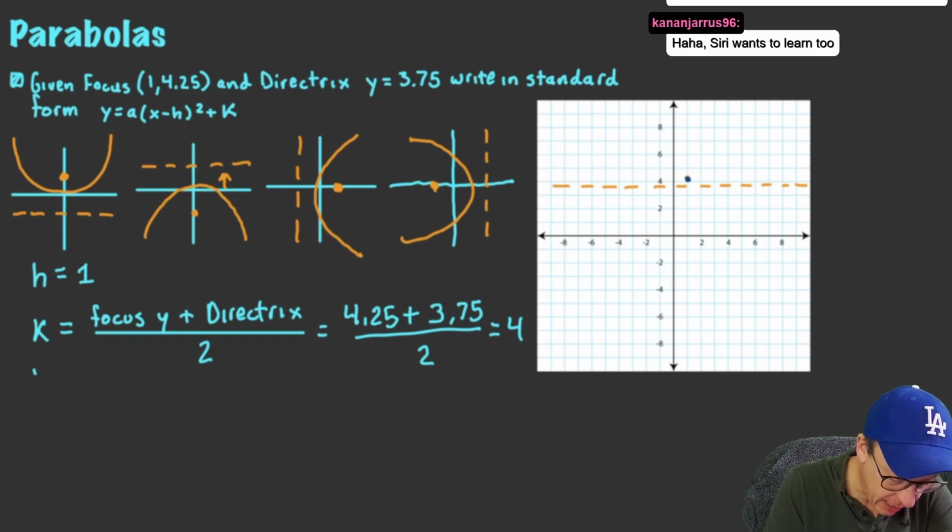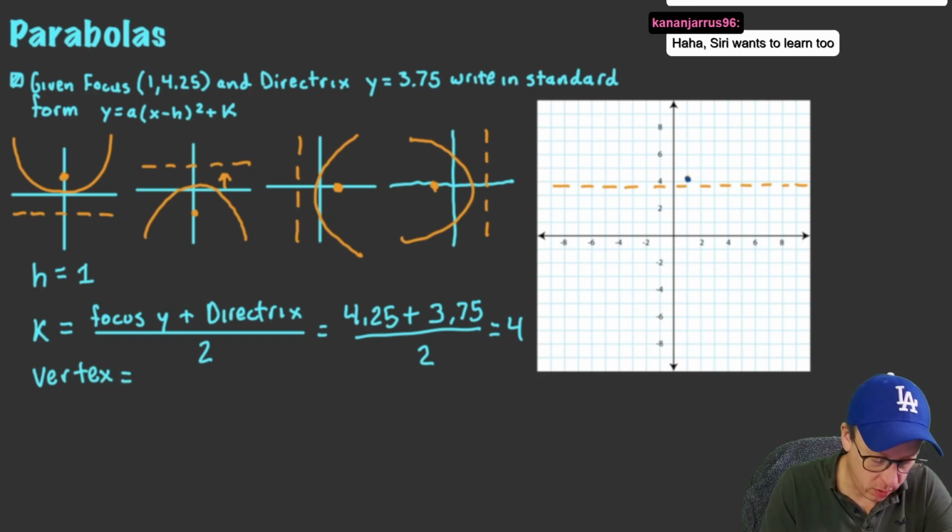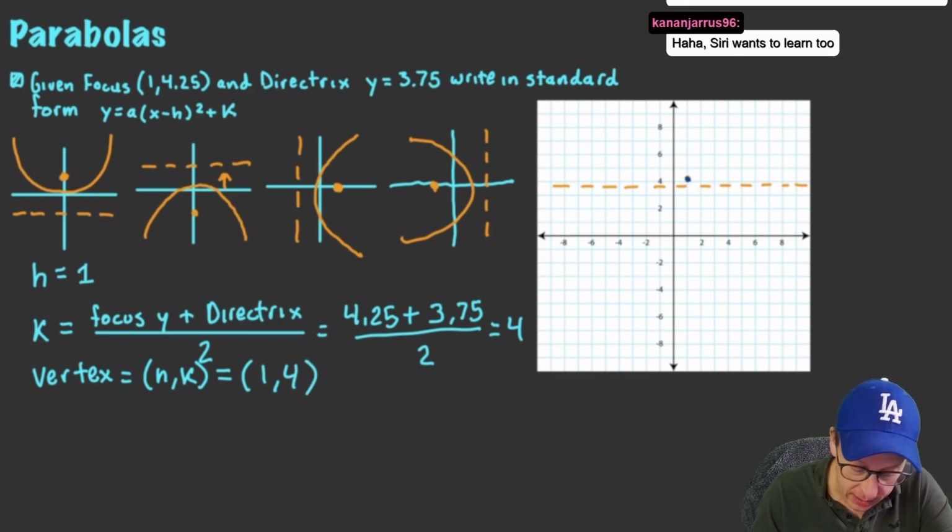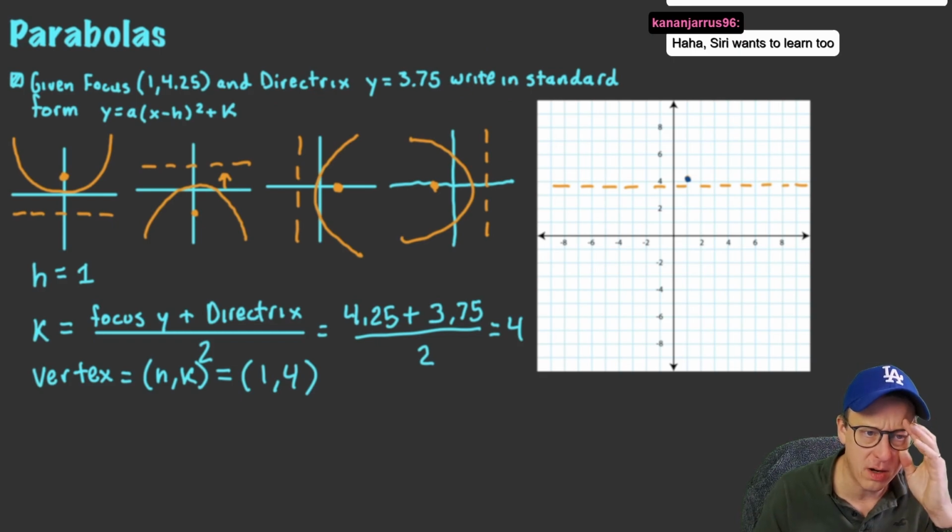So our vertex is going to be h and k, or 1 and 4. And we can go and actually plot that in here. Actually, we're not going to worry about the plotting in this circumstance. What we want to do is just get this in standard form.